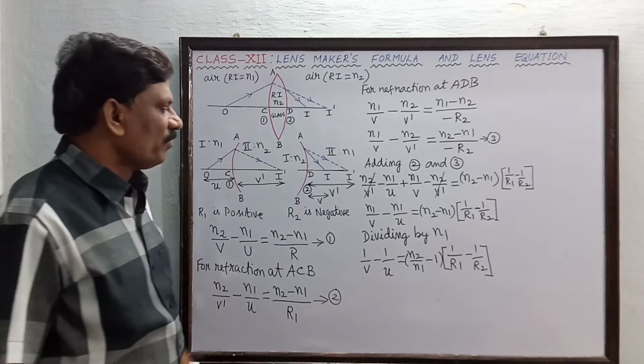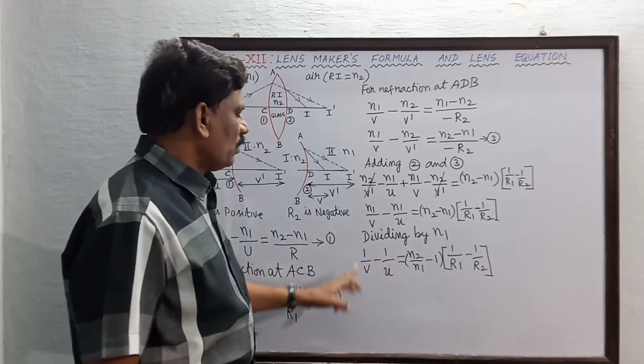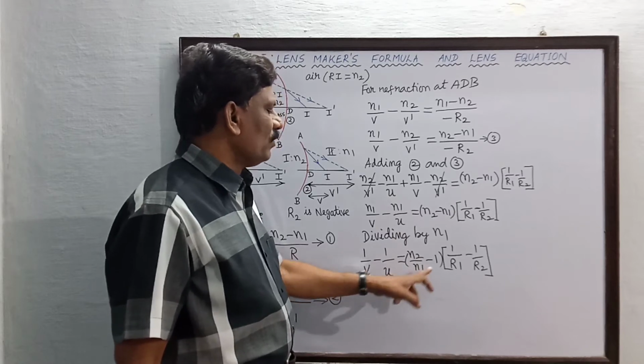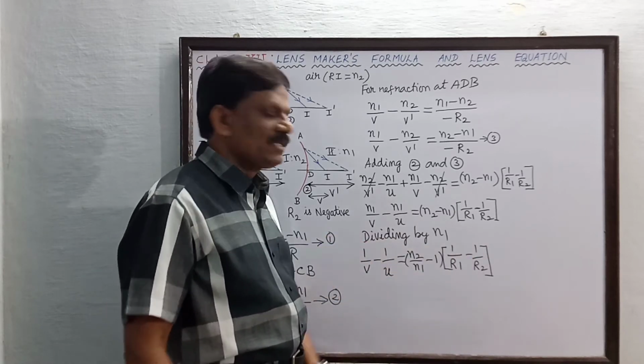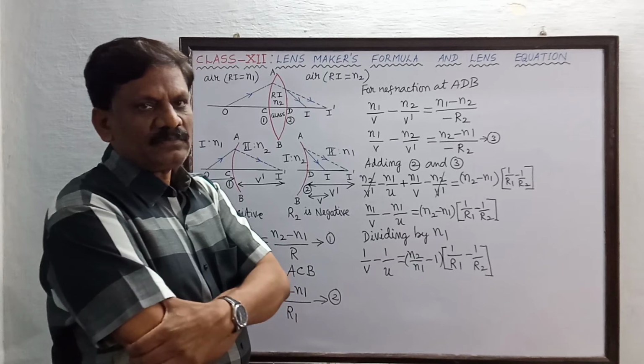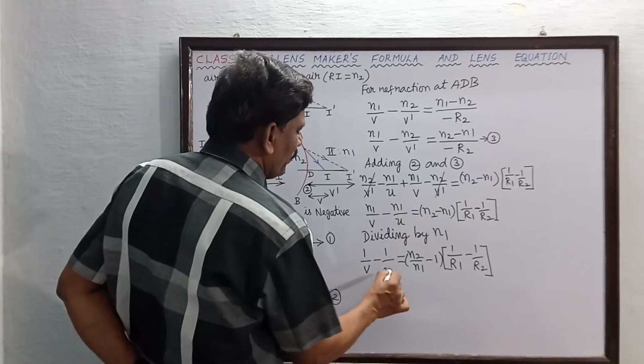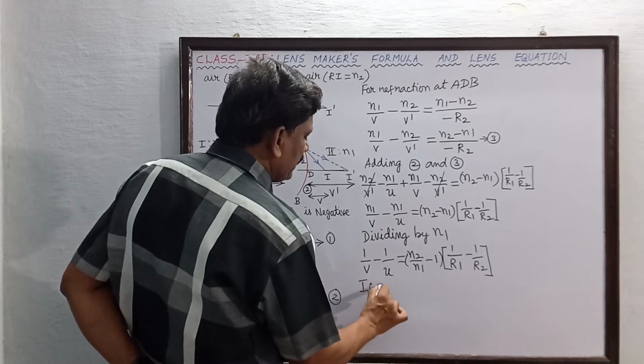Understand? So we have got this equation: 1 by v minus 1 by u is equal to n2 by n1 minus 1 into 1 by r1 minus 1 by r2.